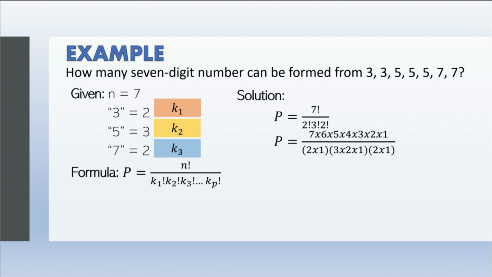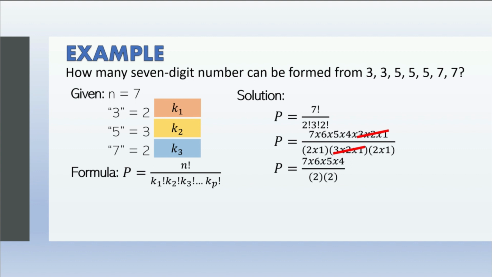And since we have similar terms, we can eliminate them. We cancelled out 3 times 2 times 1. And the remaining terms that we have now are 7 times 6 times 5 times 4 over 2 times 1, which is 2, and 2 times 1, which is 2.